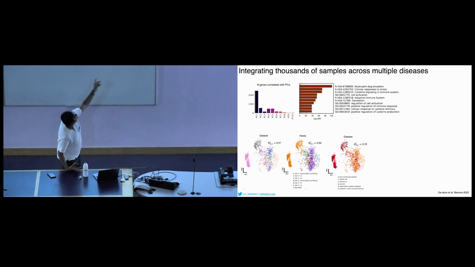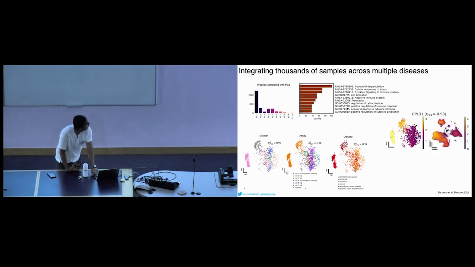The genes that were most affected here were the genes related to immune response, so the difference between healthy, COVID and influenza. At the same time, PC2 was the separation between different technologies. It was affected by many genes encoding ribosomal genes.